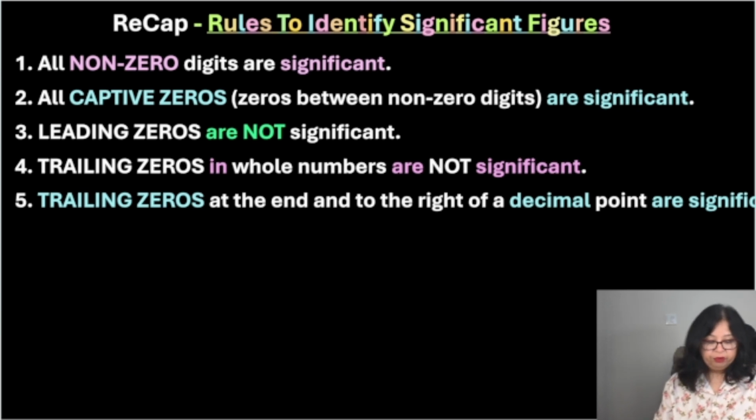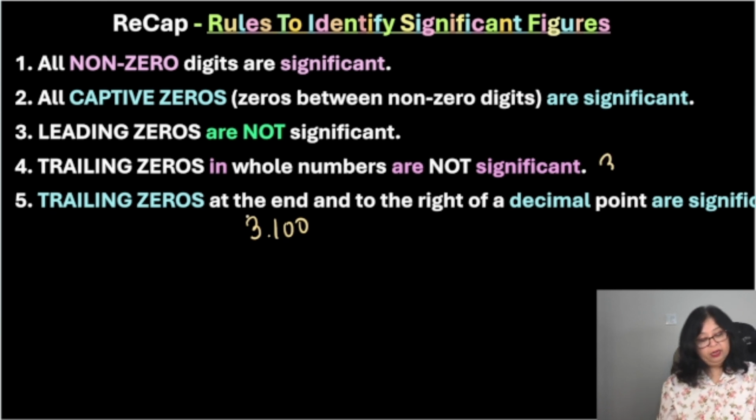Then, trailing zeros at the end and to the right of a decimal point are significant. For example, 3.100. There are 2 zeros that are to the right of a decimal point and they are at the end of the number. So these are trailing zeros but not in a whole number. These trailing zeros that are not in a whole number are significant.